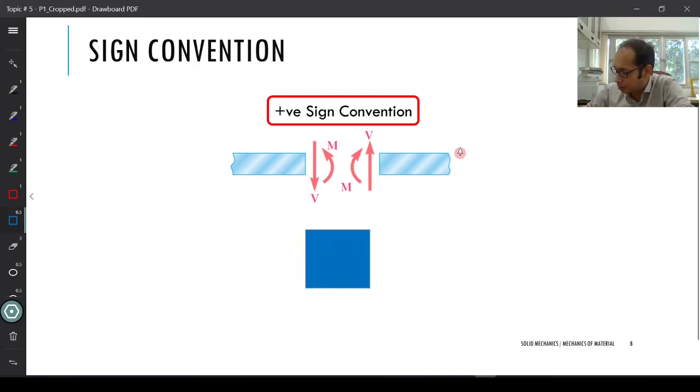A positive element. So if this is the element of the beam, and I have to draw the positive forces on the right hand side, meaning I'm coming from left to right, similar to over here, then here my positive shear will be acting like this. My positive moment will be this.